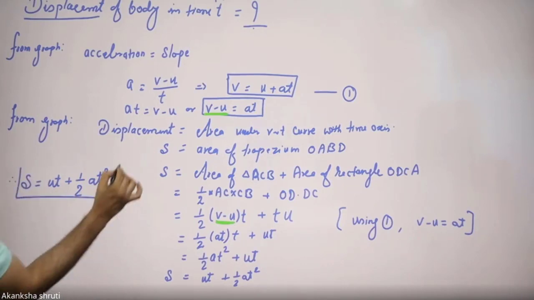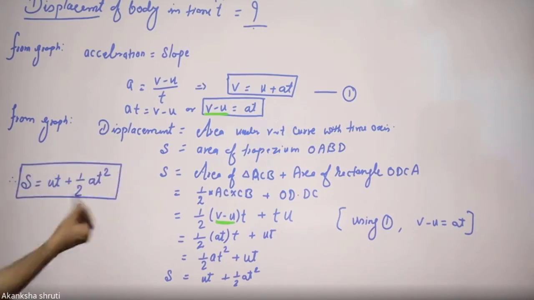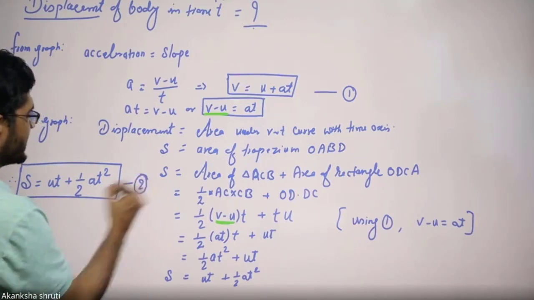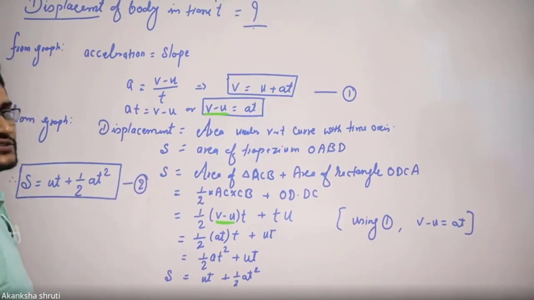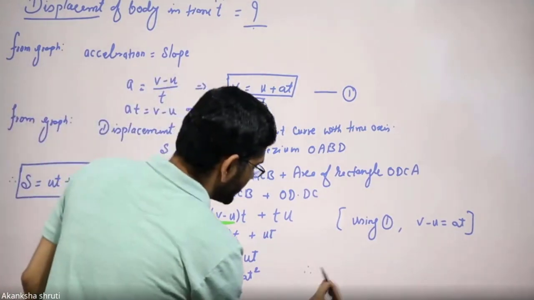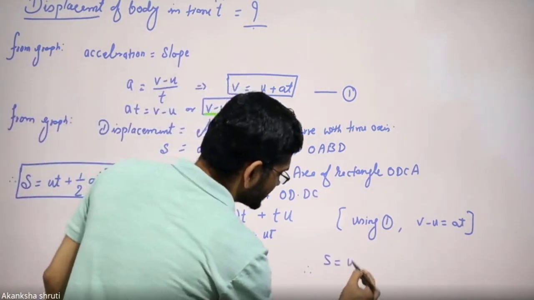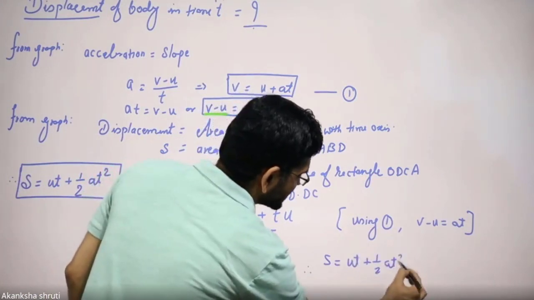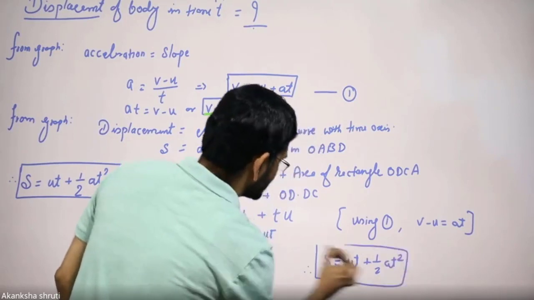So this way the formula is derived, and this equation is called the second kinematic equation. It's a very important equation. Okay, student? So therefore you may write here S is equal to UT plus half AT square. Hence it is proved.